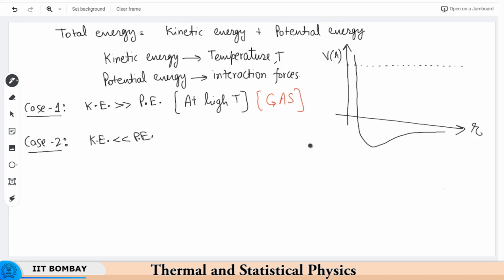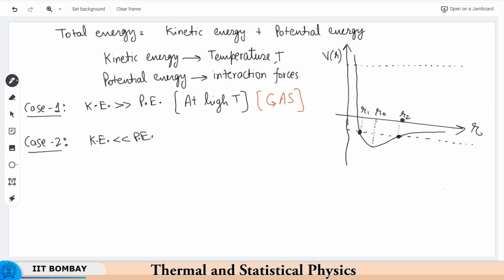In that case, your total energy would lie somewhere here, in which case the two molecules are always bounded to each other between these two distances, which I can call R1 and R2, with a certain equilibrium distance, which is R0. And when I say bounded, the typical example of such a phase is known as a solid.